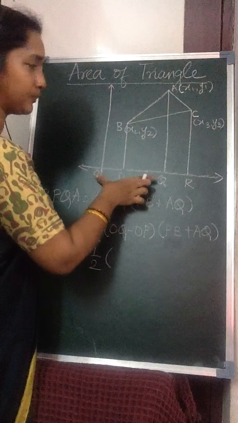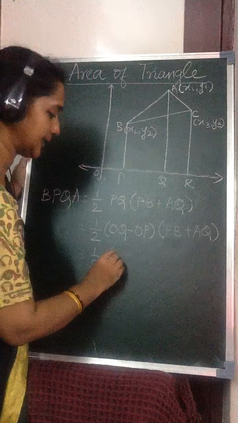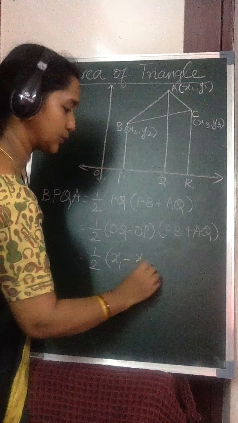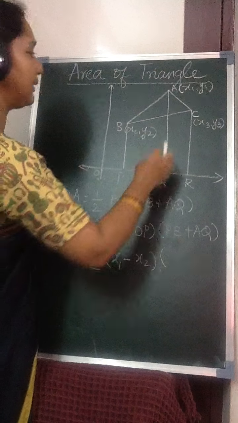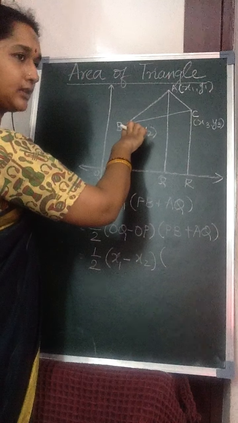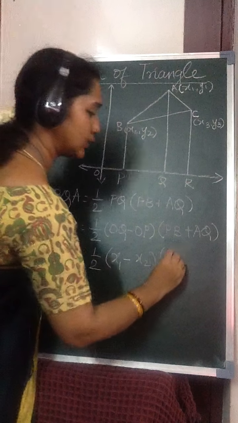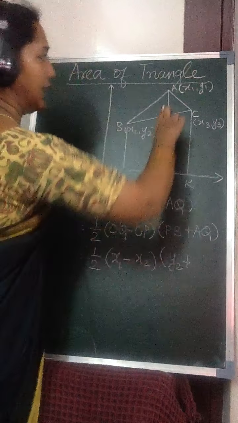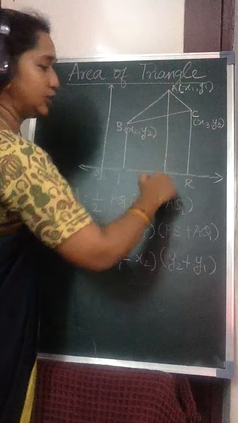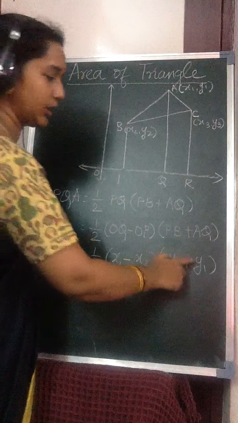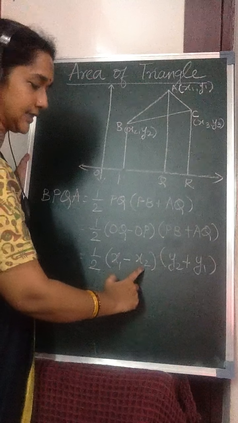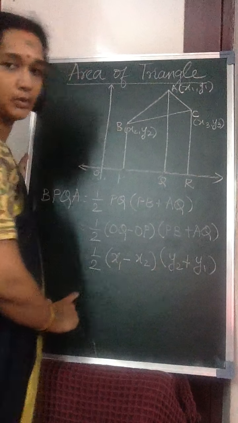OQ length is x1, OP length is x2. x1 minus x2 into PB. What is the length of this? This is the y coordinate, y2, plus AQ. Length of AQ is nothing but the y coordinate, y1. So half into x1 minus x2 into y2 plus y1.